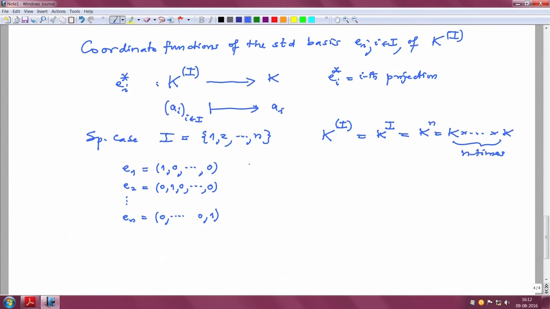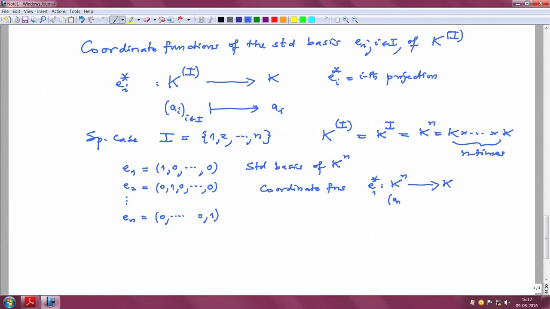So, this is a standard basis of k power n, and coordinate functions Ei star, or E1 star, let me say, from k power n to k. This is the first projection.